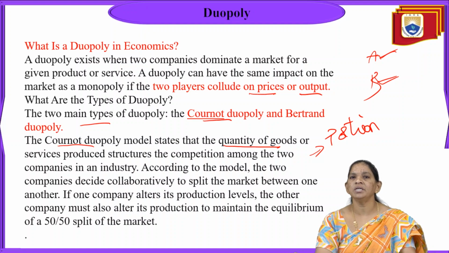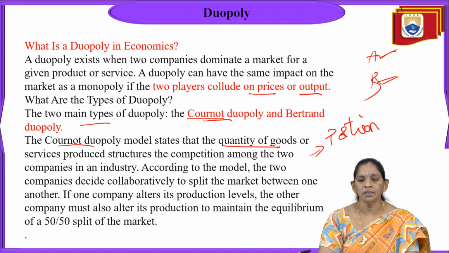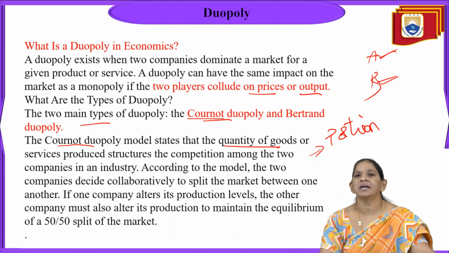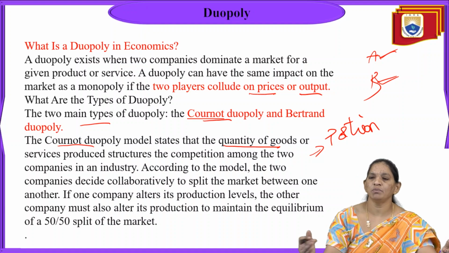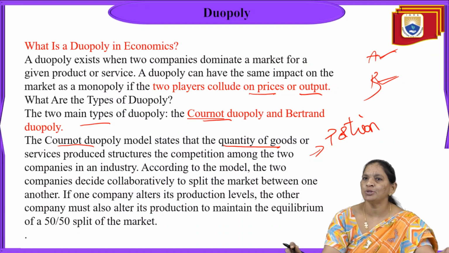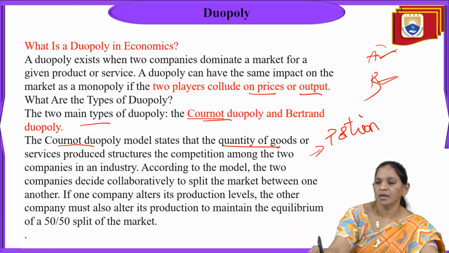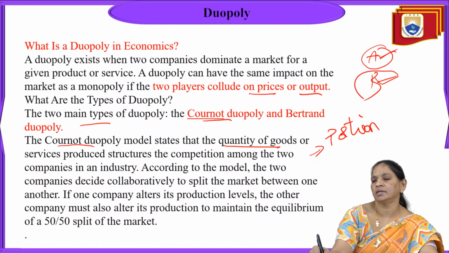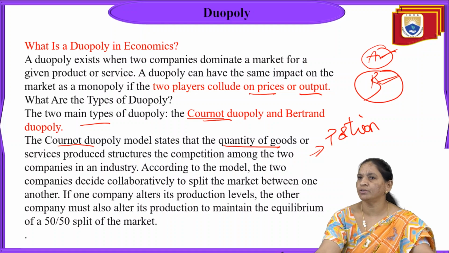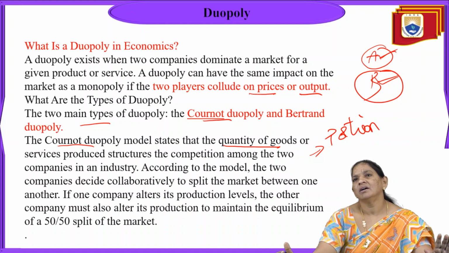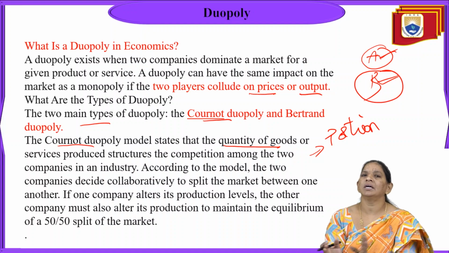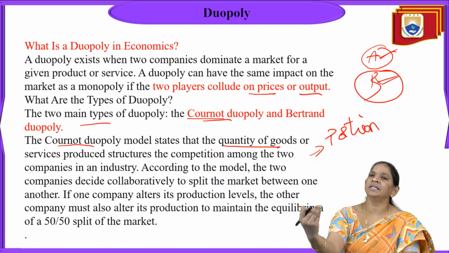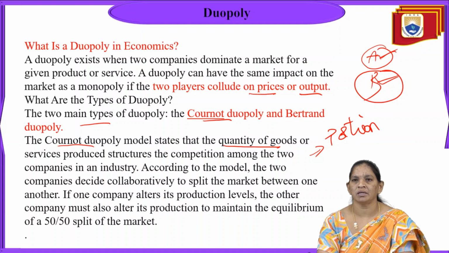According to this model, the two companies decide collaboratively to split the market. When I say A and B are the two companies, one company will capture some portion of the market and the other will capture another portion. By segregating this portion, they come together and send goods and services into the market.